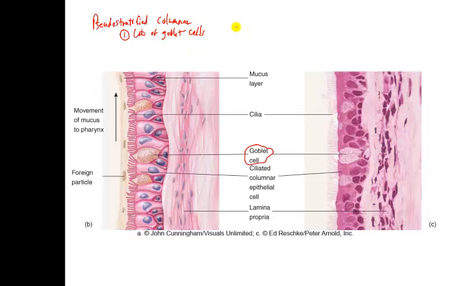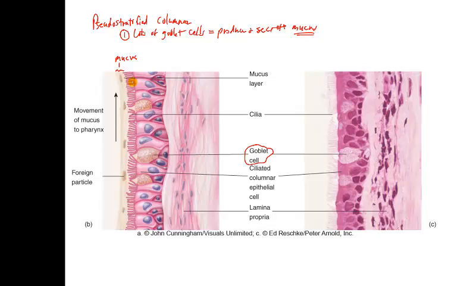And if you may recall from ANP1, the role of goblet cells is to produce and secrete mucus. So this stuff here is the mucus that was secreted out by the goblet cells, and it just sort of lines the trachea all up and down. It lines the lumen, the layer of mucus on top of the cells produced by the goblet cells.